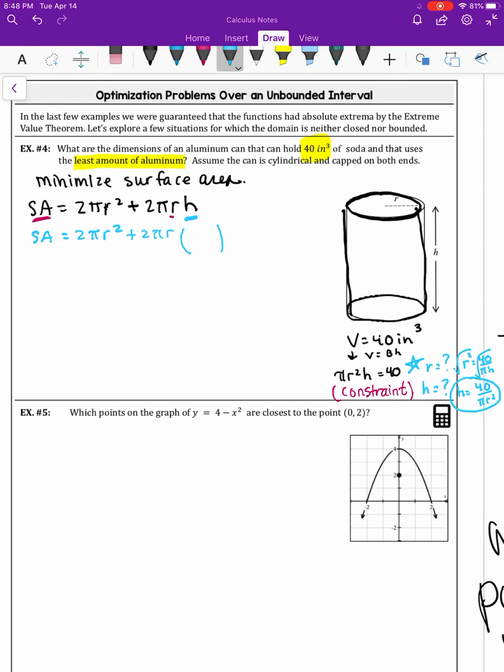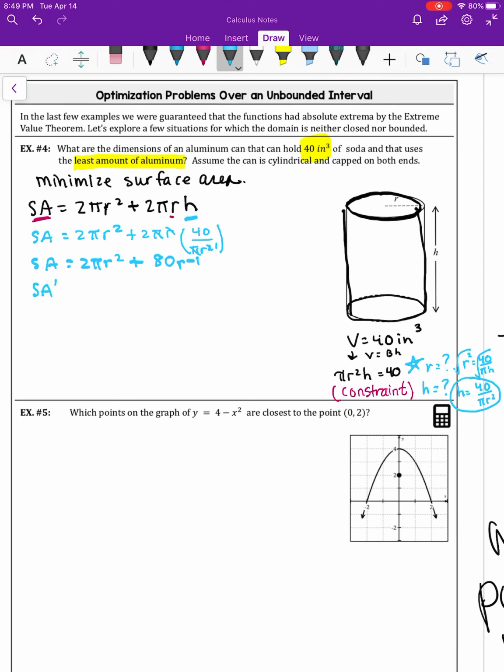Let's do that. We're going to take that constraint and we're going to say, okay, we have surface area equals 2 pi r squared plus 2 pi r, and then in for h is going to go 40 divided by pi r squared. You can see that your pi's will cancel here and that one of your r's will cancel, but you'll still have one down there. So your surface area equation becomes 2 pi r squared plus 80 r to the negative 1.